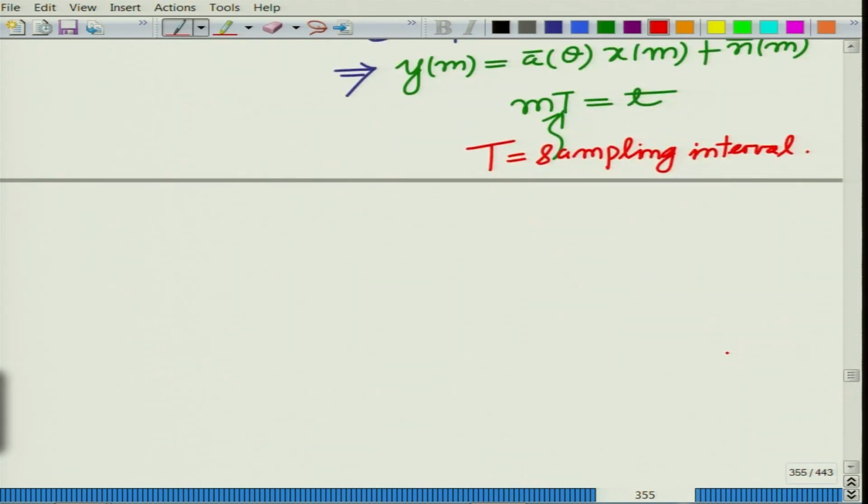That is not very important, but the point is you can write this as the model.